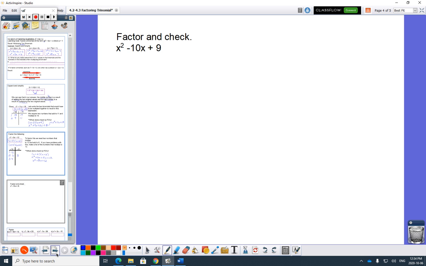Okay, so now this one has a negative 10 and a positive 9. Okay, so we need to find two numbers that multiply to positive 9 but add to negative 10. So when you have integers, if you do positive times a positive, what's your answer?